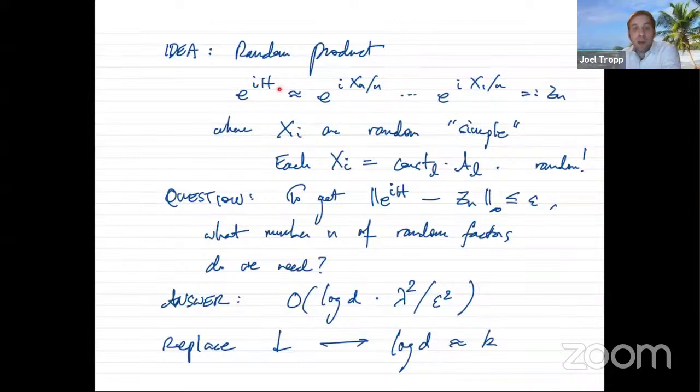For example, the randomized Kaczmarz algorithm for solving an overdetermined least squares problem picks an equation in the least squares problem at random, solves that equation exactly, and updates the guess for the overall solution by that amount. And then it repeats that process over and over again. That can be represented as a product of random matrices of the form identity minus a positive matrix. Okay, so that's one example. And there are a lot of other examples in the study of randomized algorithms, which is how I got interested in this.